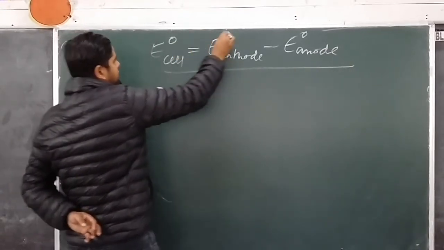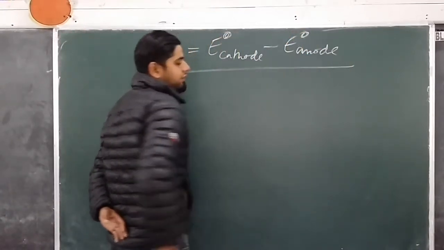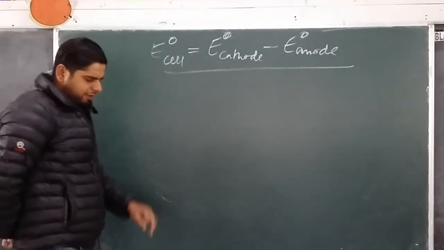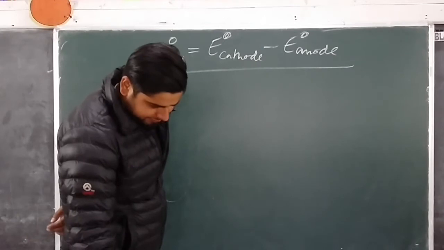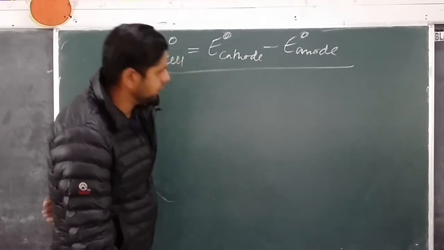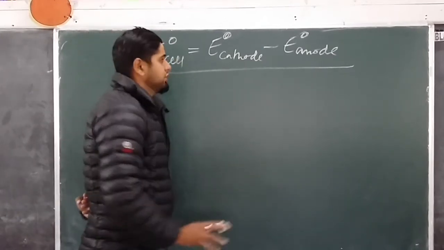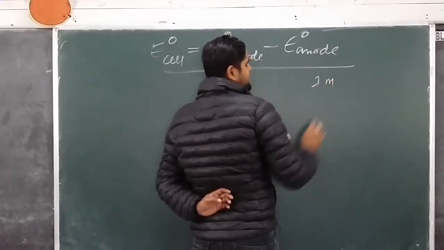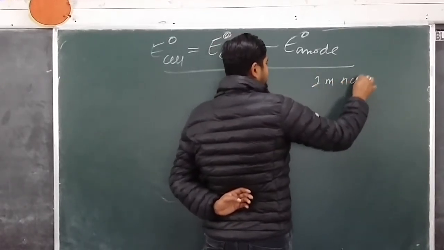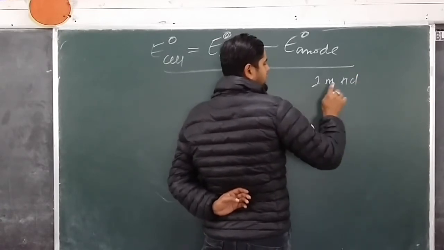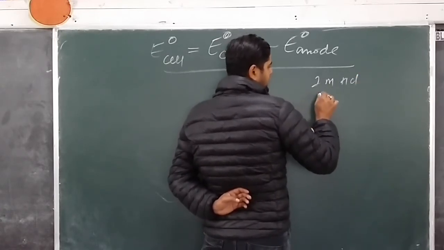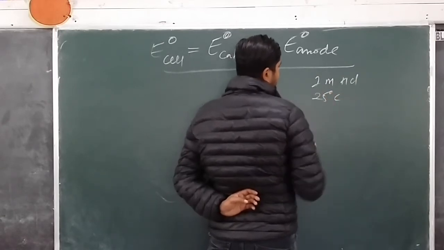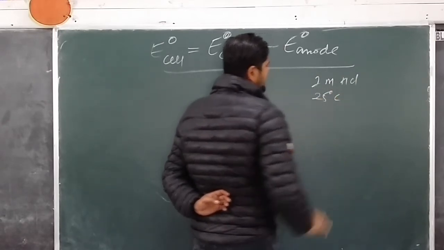If you see this symbol, you have to consider it as standard cell potential or electrode potential. So to find standard electrode potential, you need to have a 1 molar solution of HCl, and a temperature of 25 degrees Celsius. This is the condition.